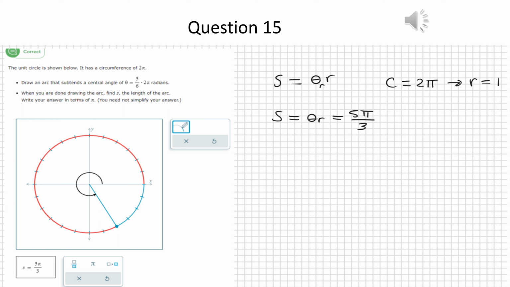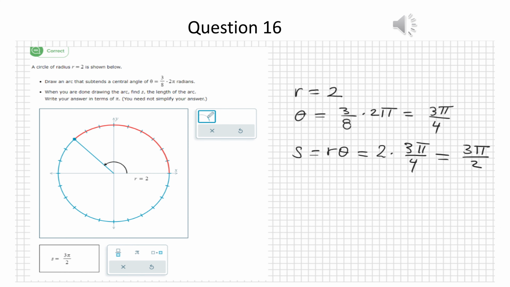Then we can infer that the radius is 1. So now it is 5 over 6 times 2 pi. Actually it is 5 pi over 3. Multiplication by 1 is the same. This is the arc length, 5 pi over 3.